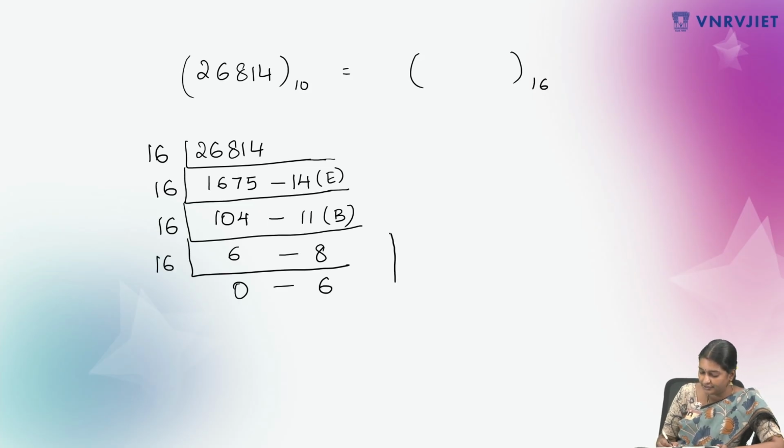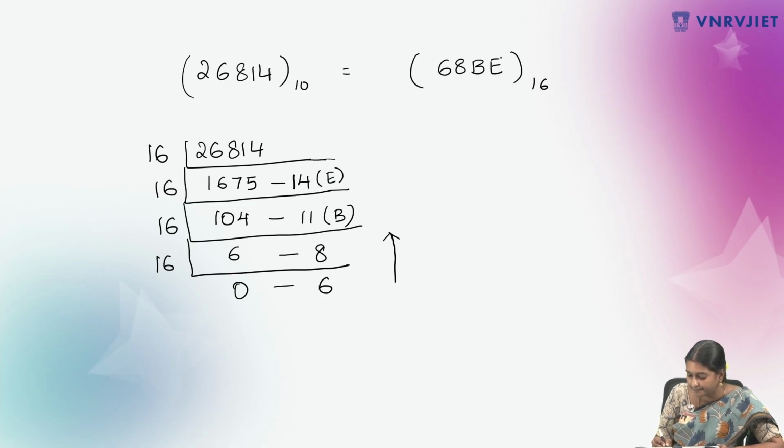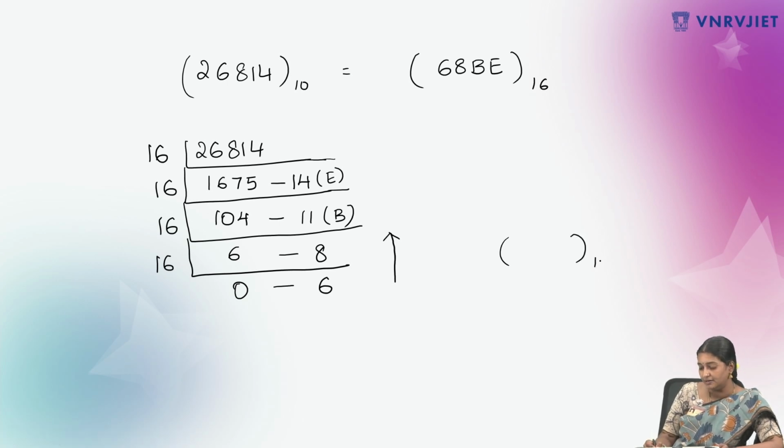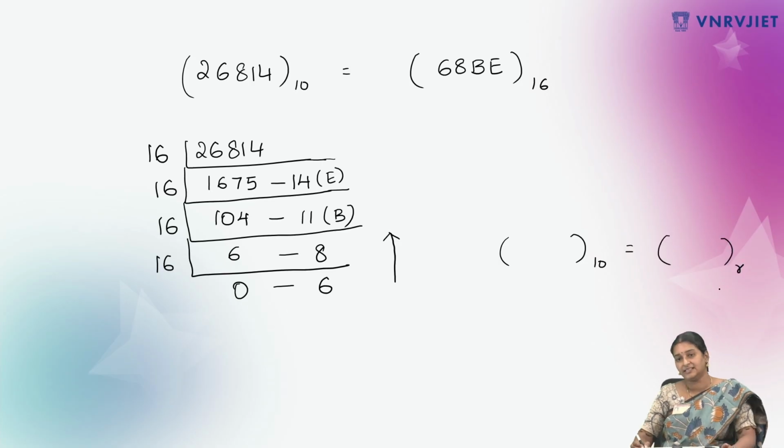Accumulate the remainders from bottom to top, which is 6, 8, B, E. Right. So this is how we convert a decimal number to the hexadecimal number system. Any decimal number can be converted to any radix r by dividing by that radix.